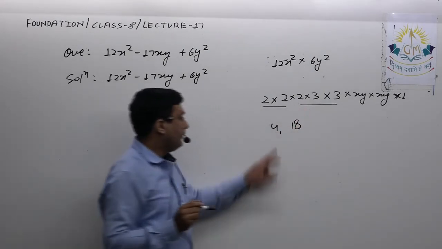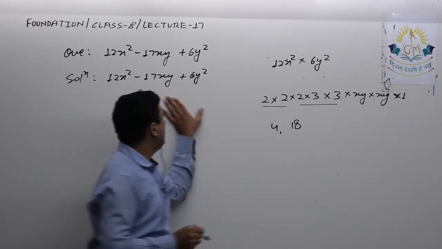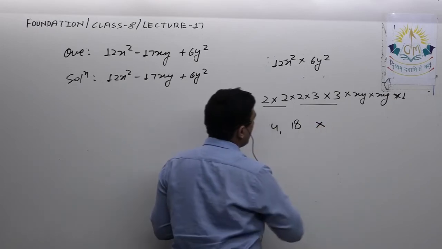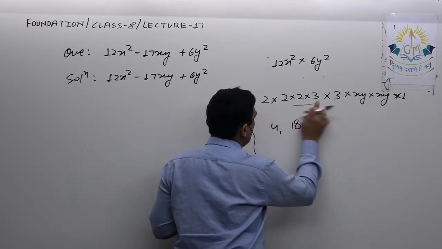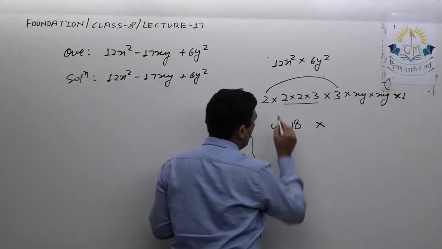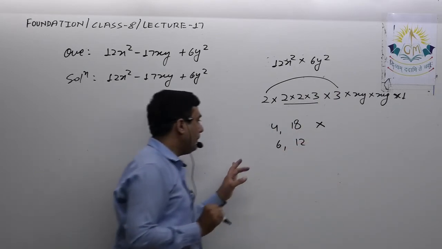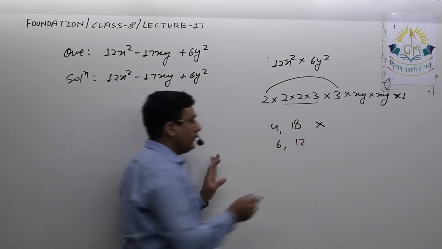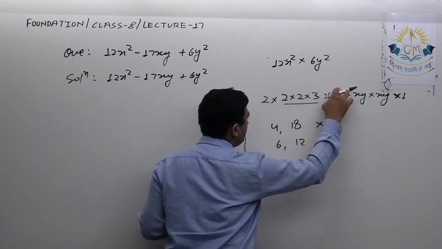Now, the sum of these two is 22, the difference is 14, but we need 17. So this is an incorrect combination. Now, if I take these three and these two, so 6 and 12. Now 12 plus 6 is 18, 12 minus 6 is 6. That means this is also an incorrect combination.